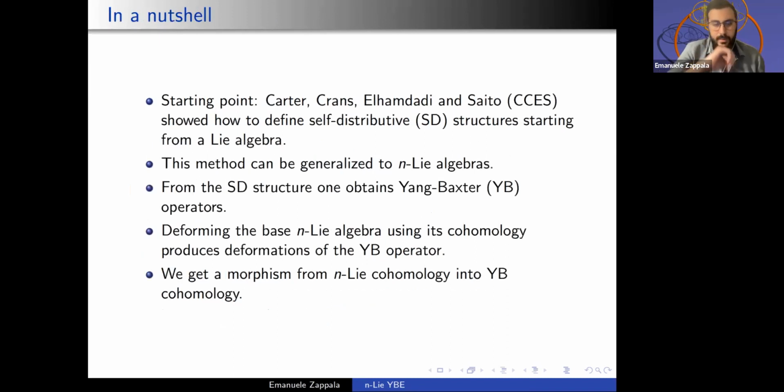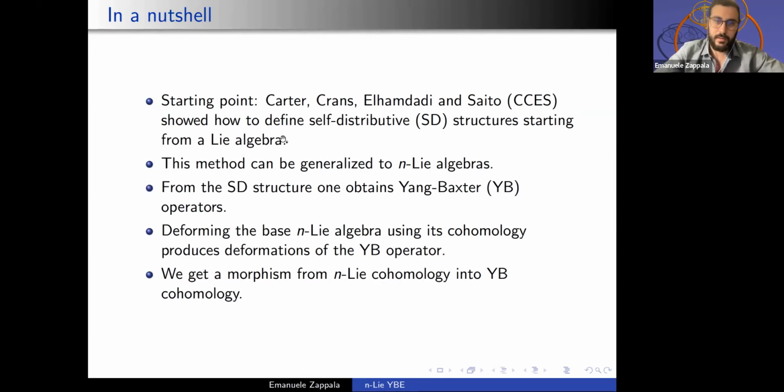In a nutshell, there is a construction by Carter, Crans, Elhamdadi and Saito that associates to any Lie algebra a self-distributive structure, and self-distributivity here is basically the third axiom that racks and quandles satisfy, the one similar to the Reidemeister move 3.